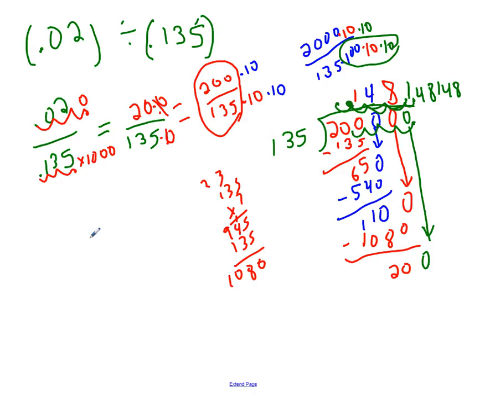In other words, if we started over with my 20 over 135, the decimal place was here, and I kept shifting it to the right to get a bigger and bigger dividend so that 135 could go in as a whole number. But at the end, I had to shift it back.